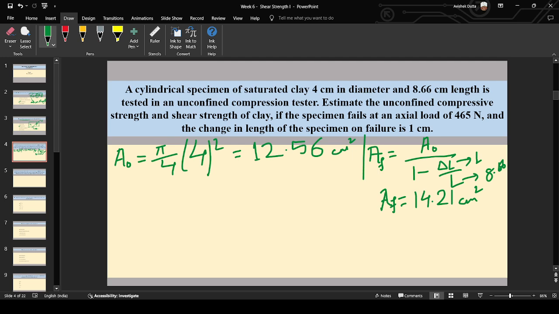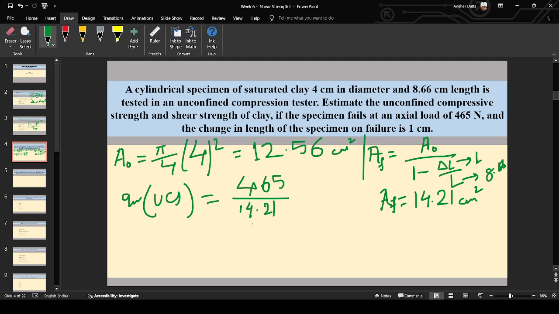Now once you have found out the area at failure, you can find out the UCS, compressive strength, that is Qu. This is the UCS, equal to what? It is equal to the load divided by the area, that is 465 Newton, the load at failure, divided by the area at failure, 14.21.